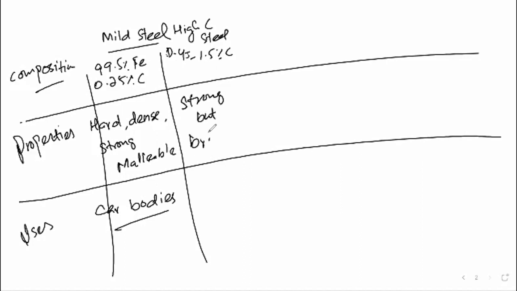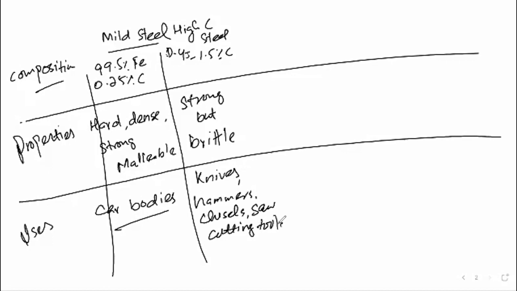When force is applied on it, it breaks down and cannot be converted into sheets. That's why it is used for making knives, hammers, chisels, saws, and cutting tools, etc. So this is high carbon steel.